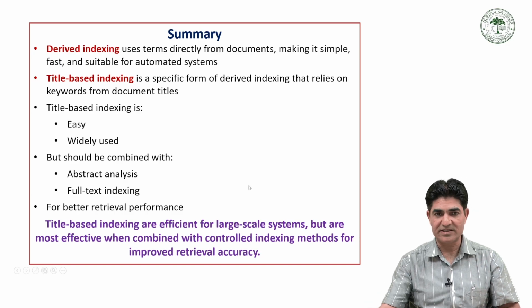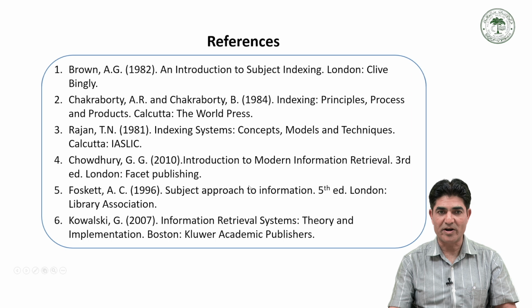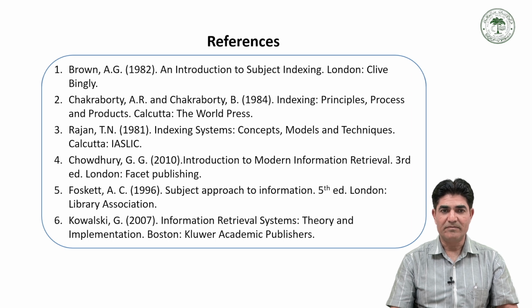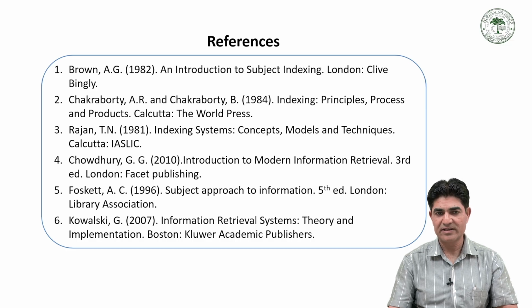So with this, this is the list of important sources which can be consulted for more detailed study. You will find detailed information about this particular topic in the book Subject Approach to Information, written by A.C. Foskett.